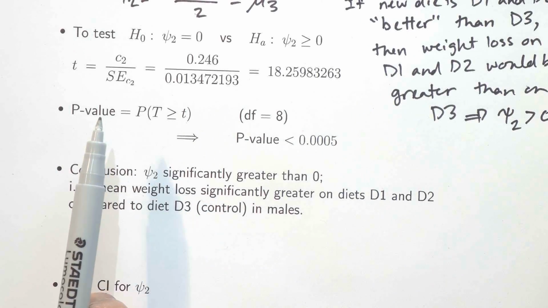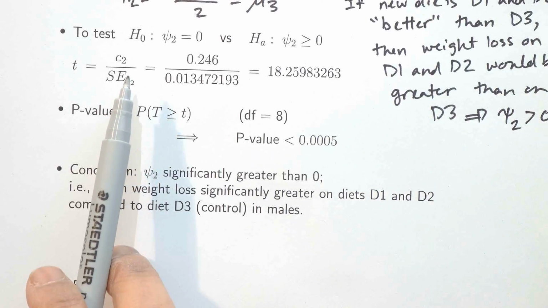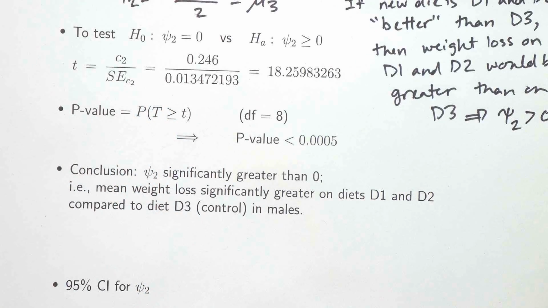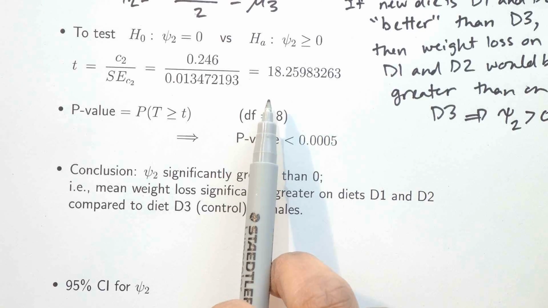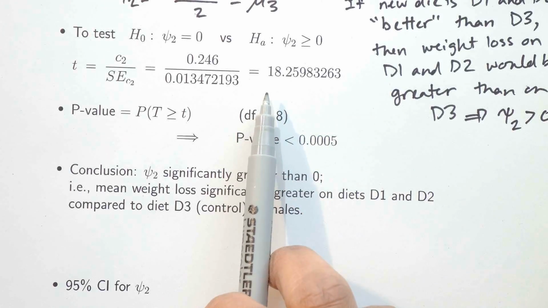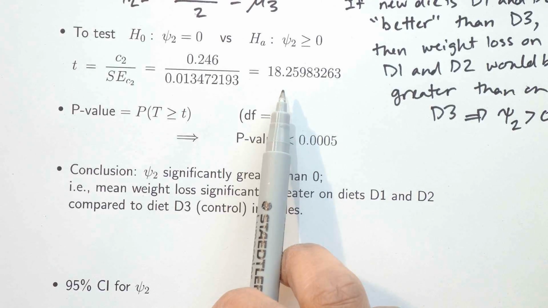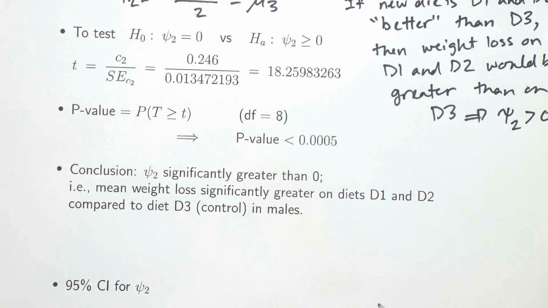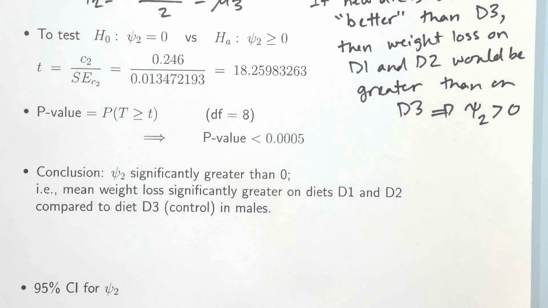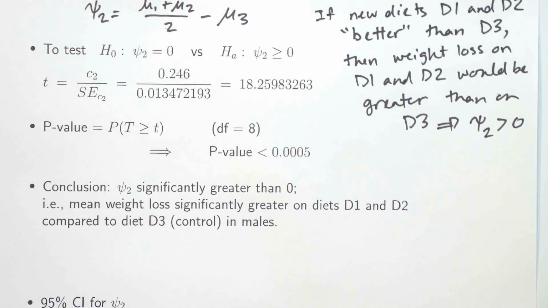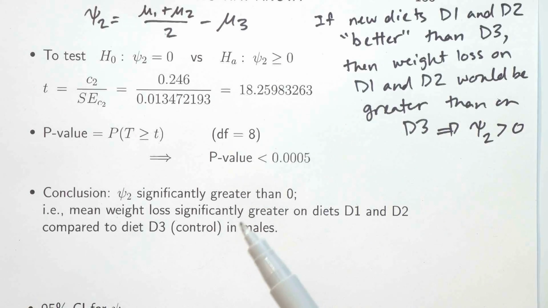And then to actually build the test statistic, same as before, take the ratio C2 over the standard error of C2, and then we have our test statistic value of 18.2598. This is now a one-sided test, so our p-value is just looking at the probability t is greater than or equal to little t, on 8 degrees of freedom.